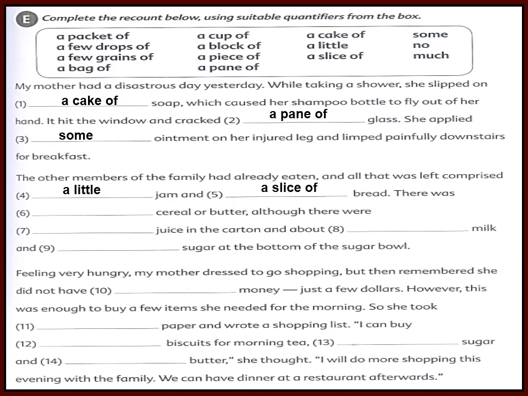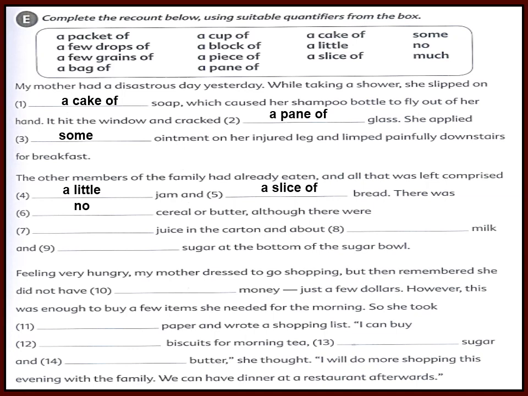Previously I explained that bread can be countable and non-count, and if we want to make bread countable, then we use "a slice of". There was dash cereal or butter. No cereal or butter, right? Because both are not there, that's why "no" cereal or butter.